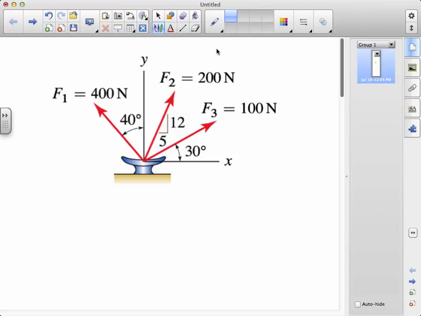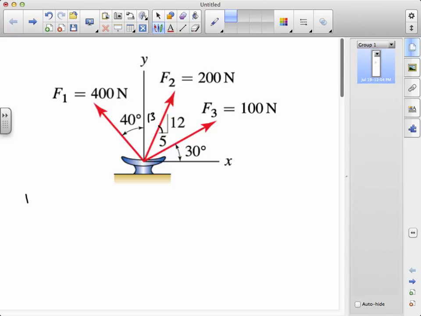If we have a run of 5 units and a rise of 12 units, we can show that the hypotenuse here will be 13. So we don't actually need to find this angle. What we can say right away is that the cosine of this angle would be 5 over 13, and the sine would be 12 over 13. And finally, we have in F3 an angle defined off the x-axis.